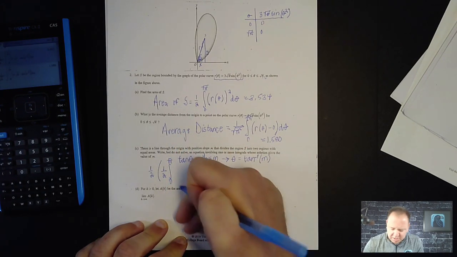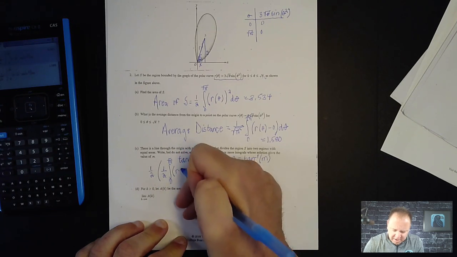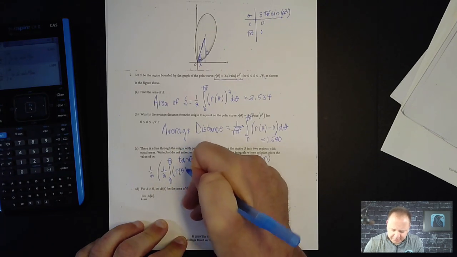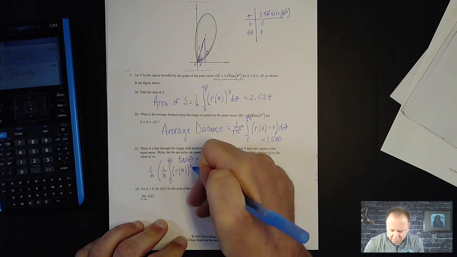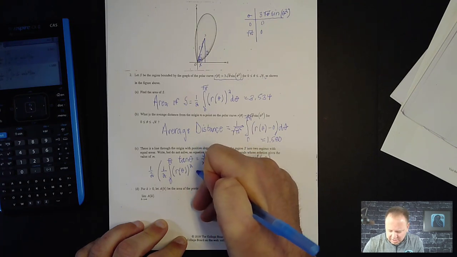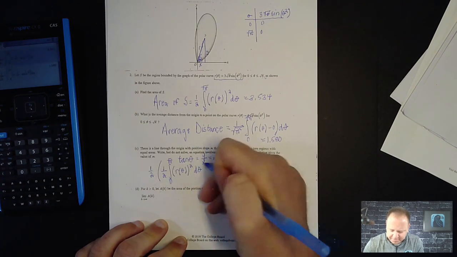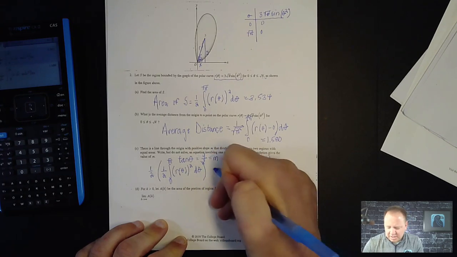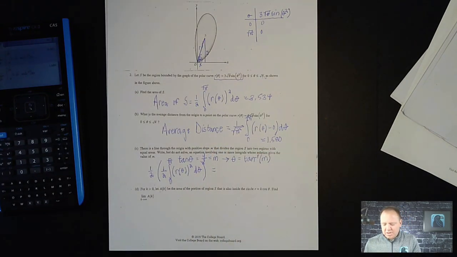But this would just be of r of theta quantity squared d theta. So that would be half the area.